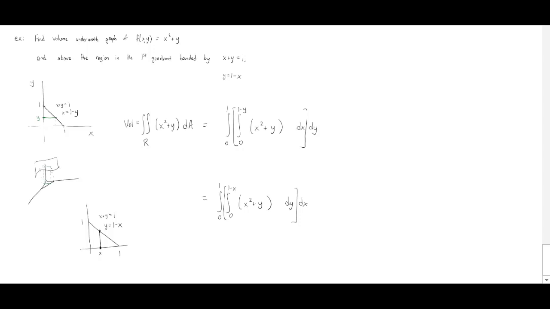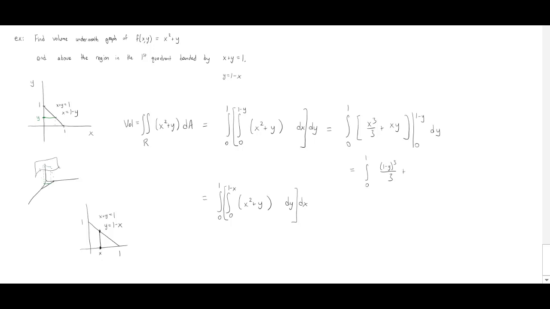And then I'm just going to start this real quick. I won't finish it. But here, if I'm integrating with respect to x, I'll get x cubed over 3 plus xy. And then when you plug in these bounds, you plug them in for x. That means you would plug in 1 minus y, and then you get 1 minus y cubed over 3, and again replace x with 1 minus y.